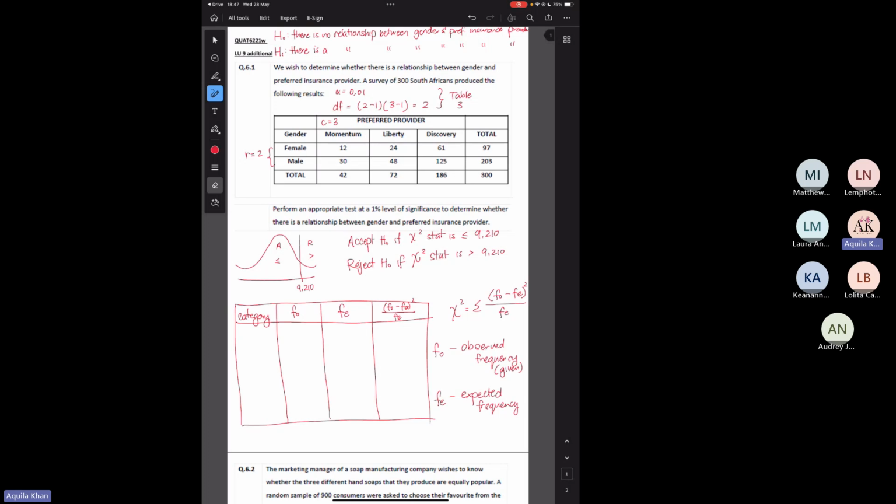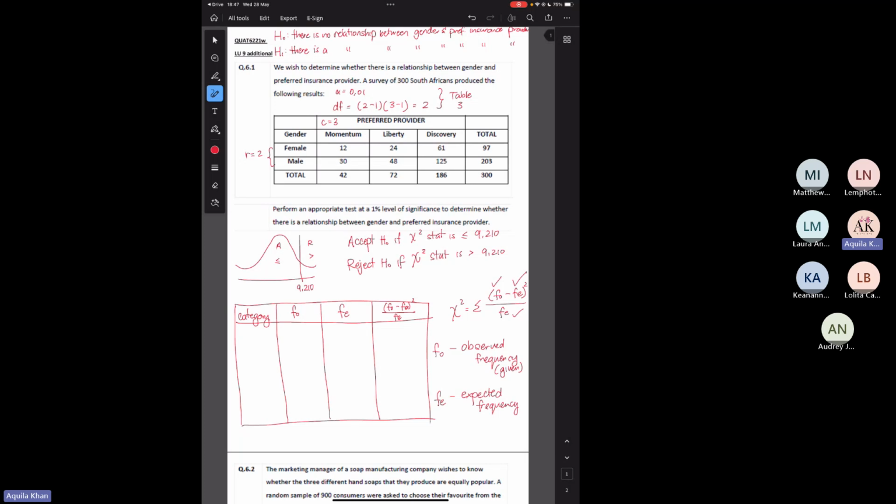The table is where we calculate the expected frequency and we enter it into the table. And then in the formula, it says, as you can see, take the observed frequency minus the expected frequency and square it, and then it's over the expected frequency.